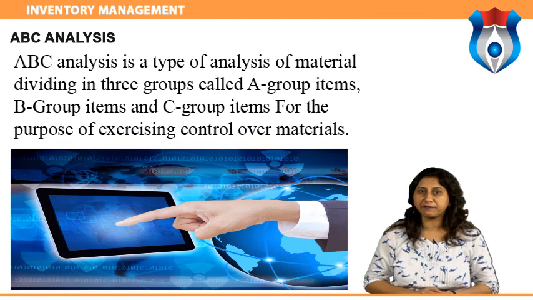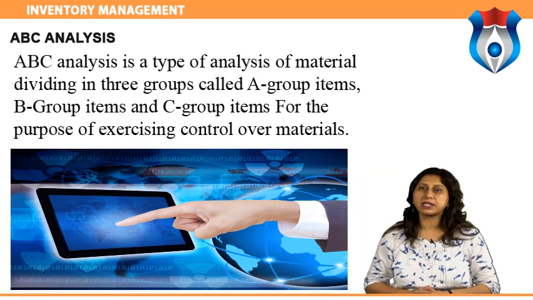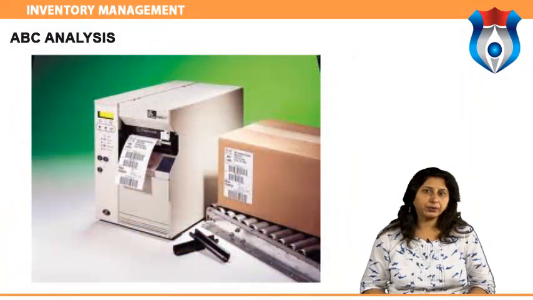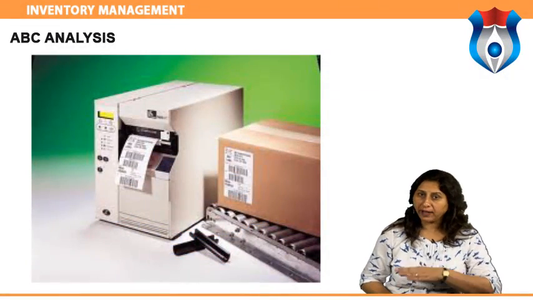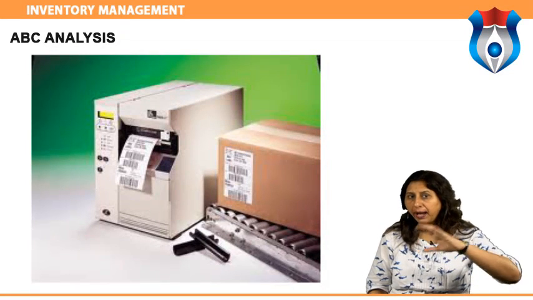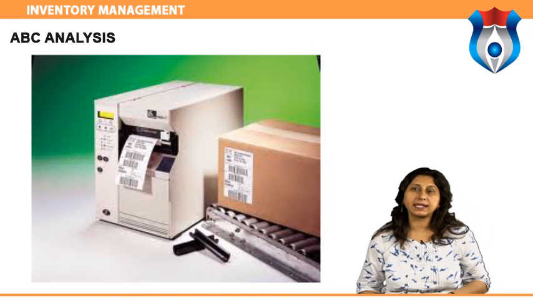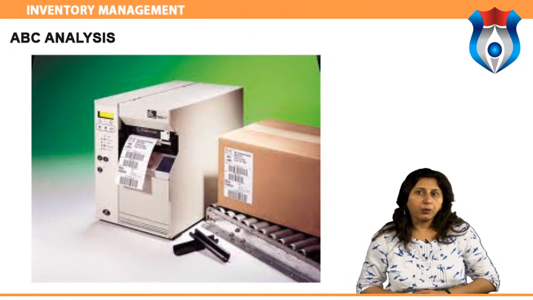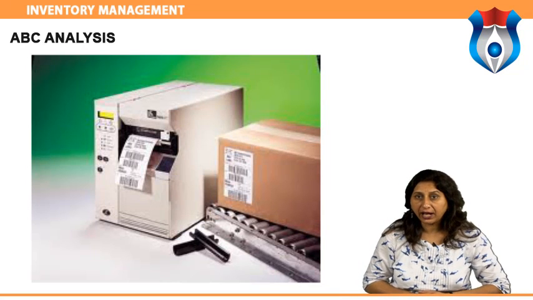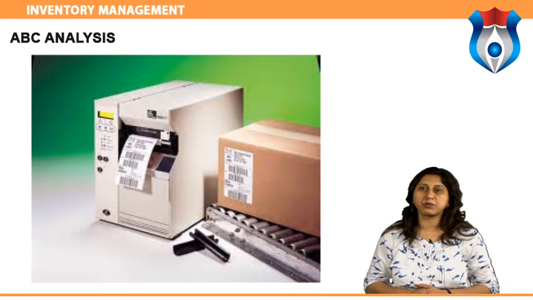Manufacturing concerns find it useful to divide materials into three categories. An analysis of the annual consumption of materials of any organization would indicate that a handful of top high value items, less than 10% of the total number, will account for a substantial portion, about 70%, of total consumption value.